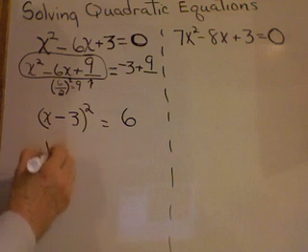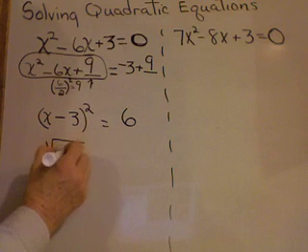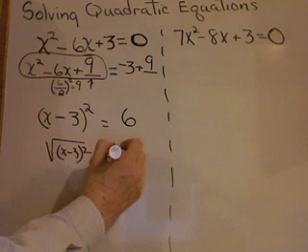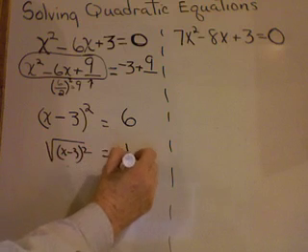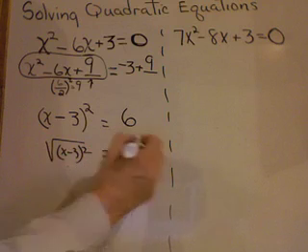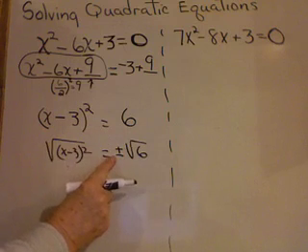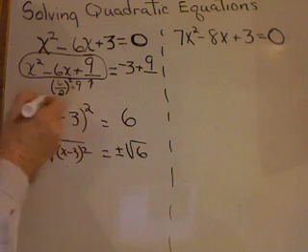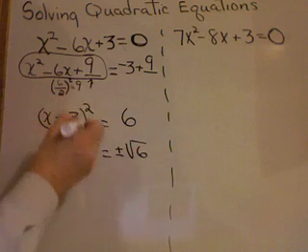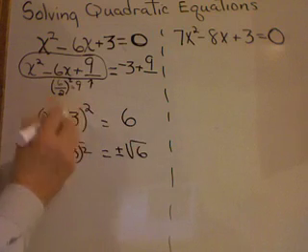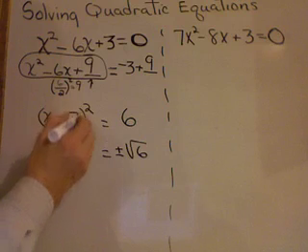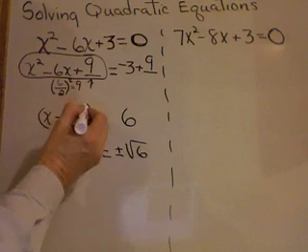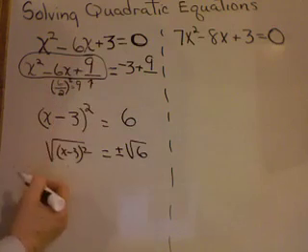So I do the square root of (x minus 3) squared equals plus or minus the square root of 6. Remember, I have to use plus or minus whenever I solve by square rooting both sides because this unknown squared term could be a positive number or it could be a negative number, because a negative number, when it's squared, is also positive.